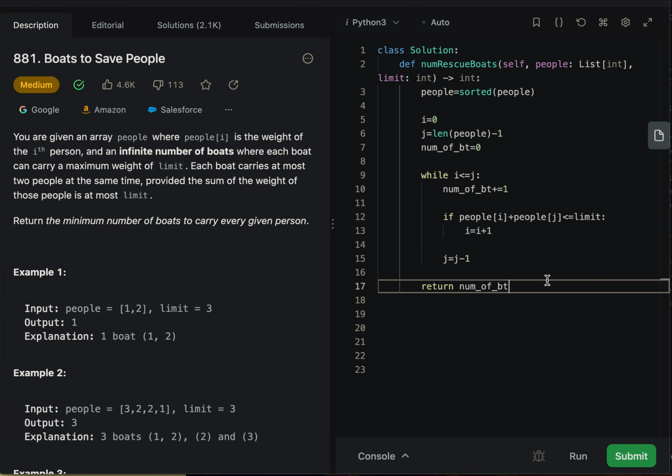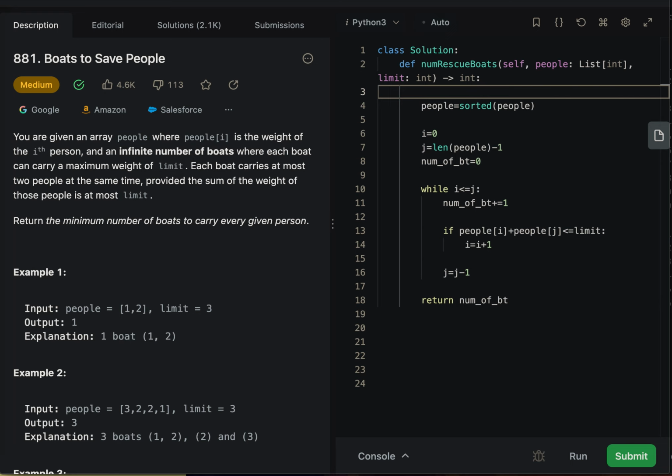So time complexity, it's going to be O of n. So O of log n, actually n log n, because we're sorting the people array here, so that's going to be n log n.